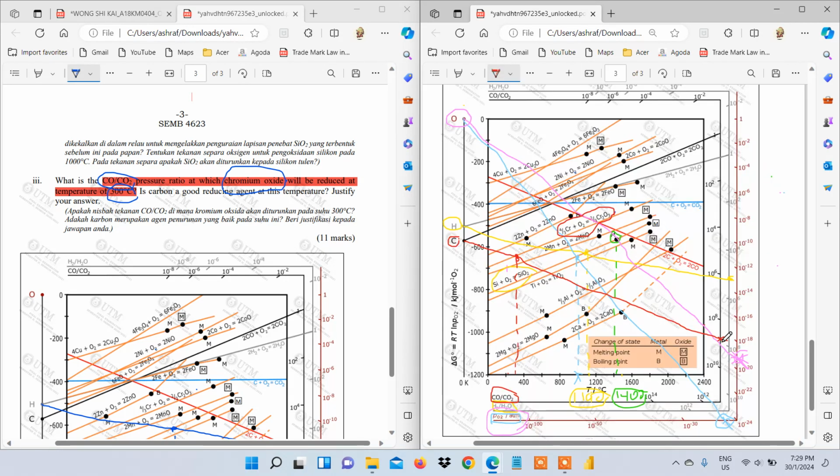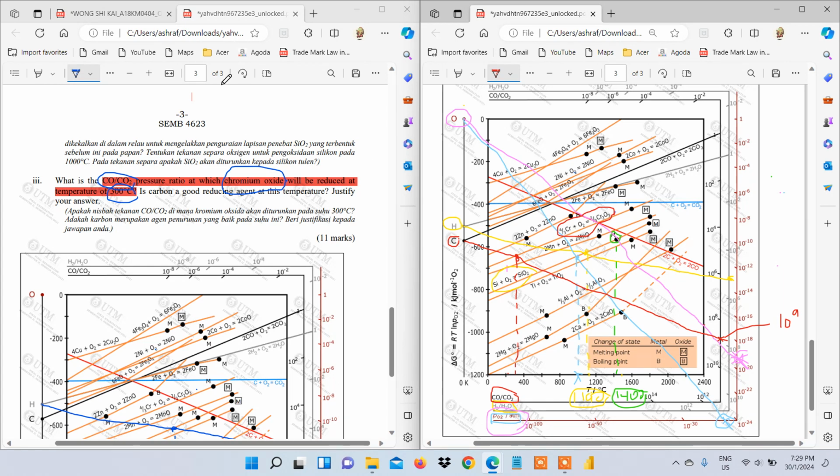So our ratio of CO over CO2 is about 10 to the power of 9. Yeah, personally, this settles our question, the red one.